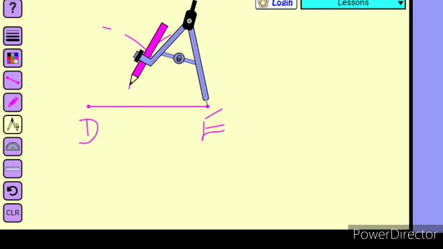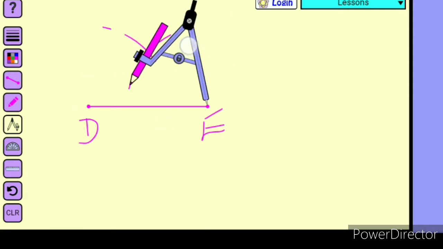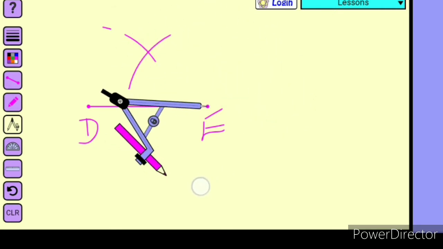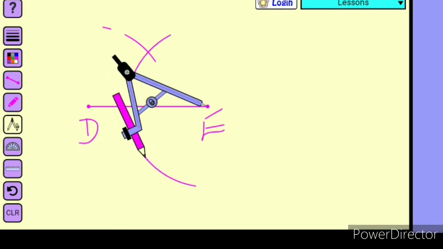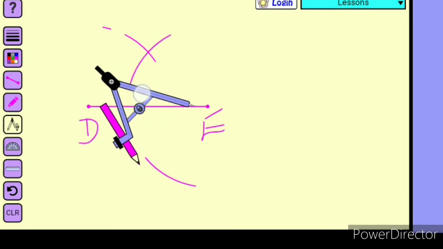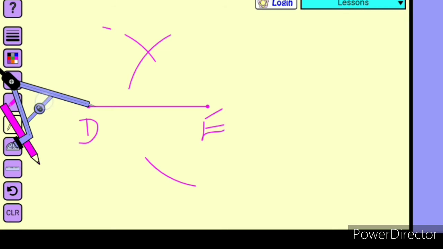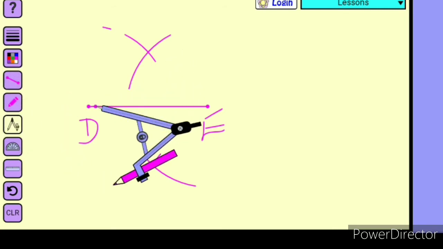Similarly, we should draw below the line. Yes.